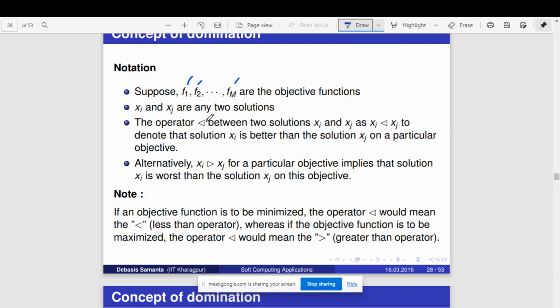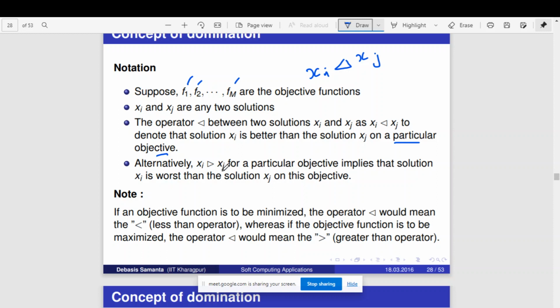Then this particular operator between two solutions xi and xj is used to represent that xi is better than xj on a particular objective function. Okay.